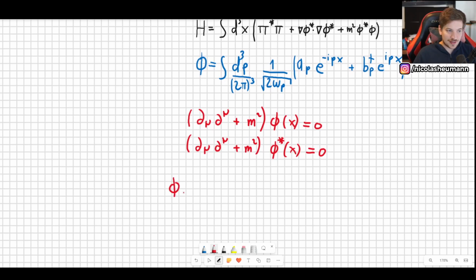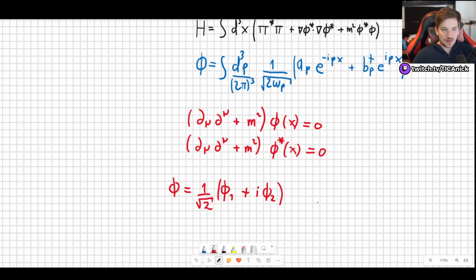So let's write phi as a real plus an imaginary part. Let's say this is phi 1, the real part. Phi 1 would, of course, be Hermitian, plus i phi 2, with phi 2 also Hermitian. And now we can add a normalization factor in front so that everything works out nicely.